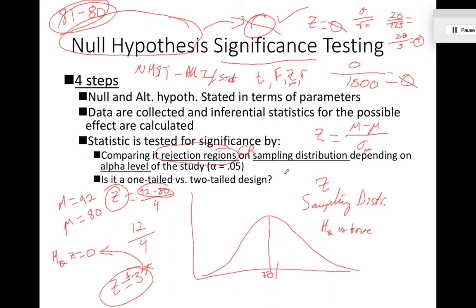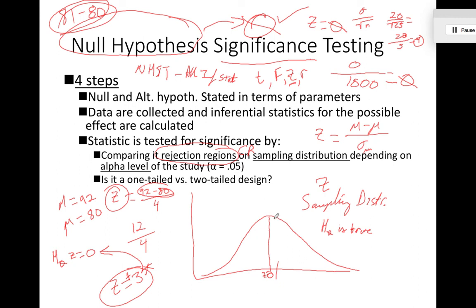Okay? Now on this sampling distribution, I have to identify regions of rejection. Regions of rejection, again, that area on a sampling distribution where I'm going to be able to reject the null hypothesis if my statistic falls within that region, depends on a couple of factors.